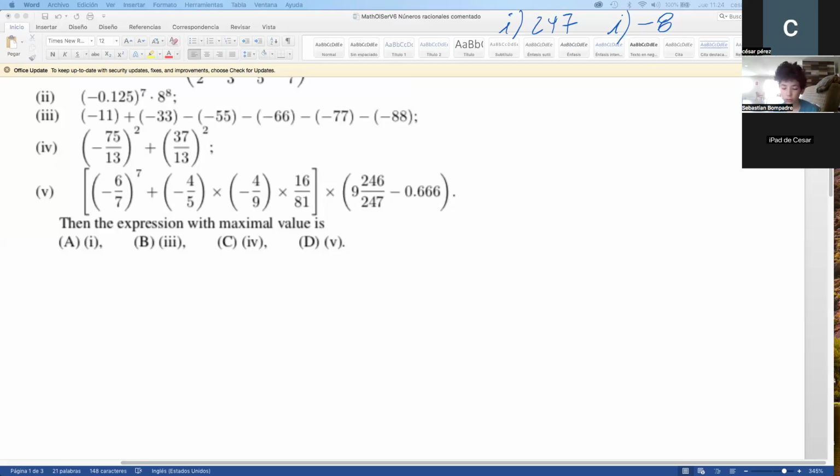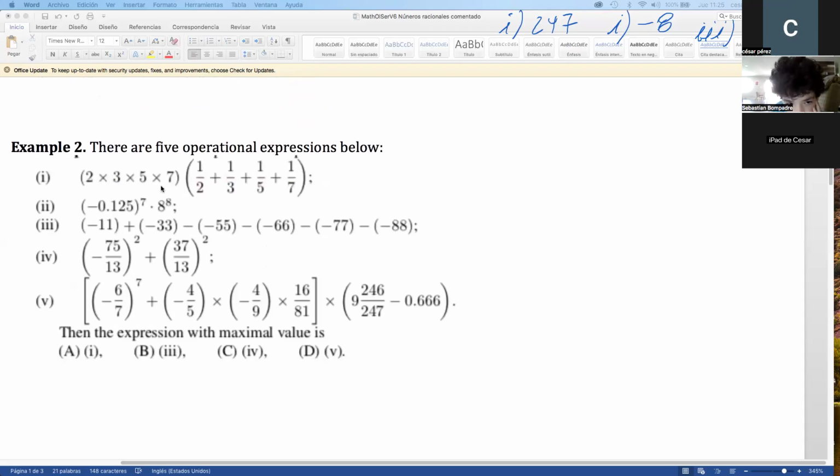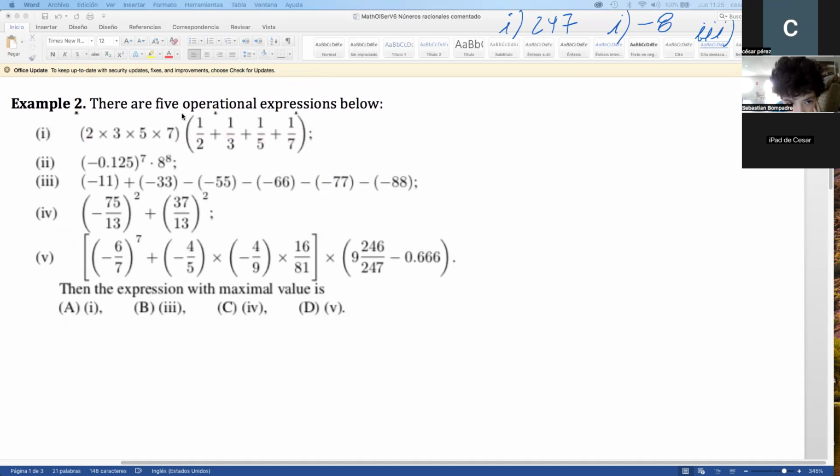Yes, that's right. It's 242. Okay, for the... don't forget that we are looking for the expression with maximal value.